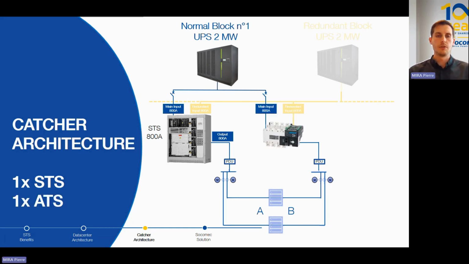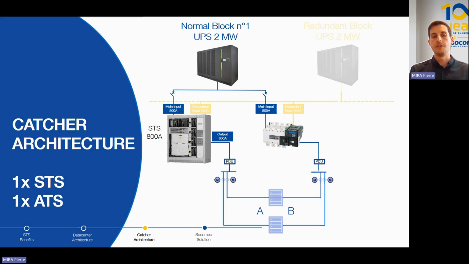The second architecture that we are seeing in the data center industry is catcher architecture with one STS, one ATS. In this case, STS is still connected to path A of the servers. However, the path B is powered through an ATS. It means that in this case, our customer, our server owner, is accepting to have his path B getting a downtime of few milliseconds.